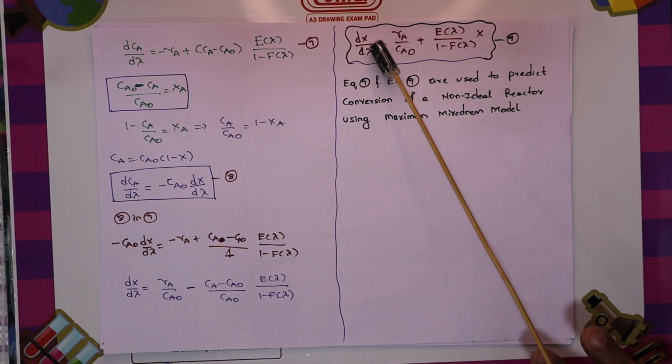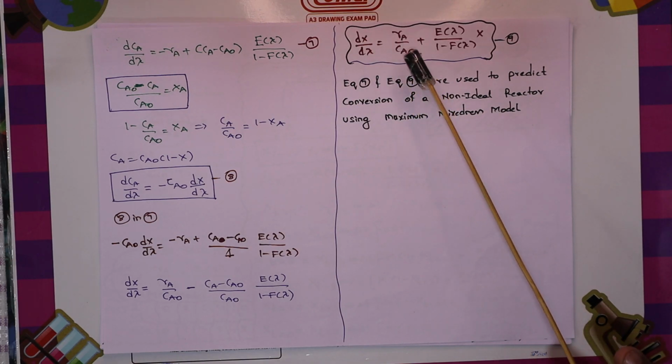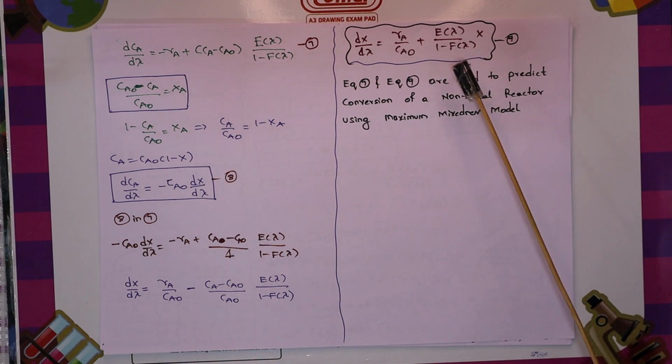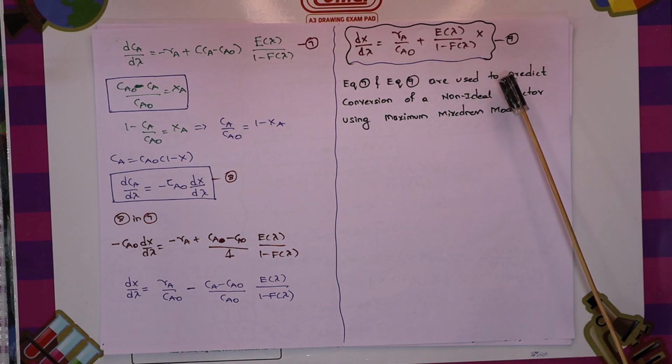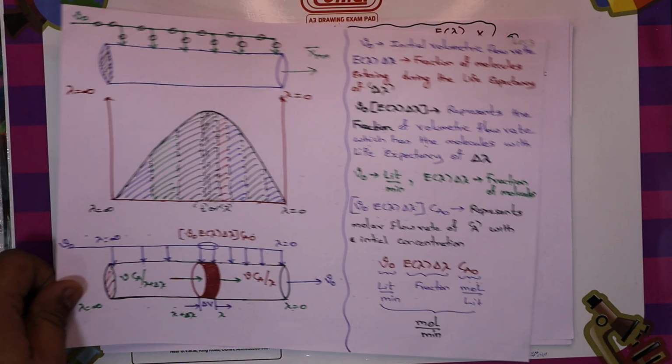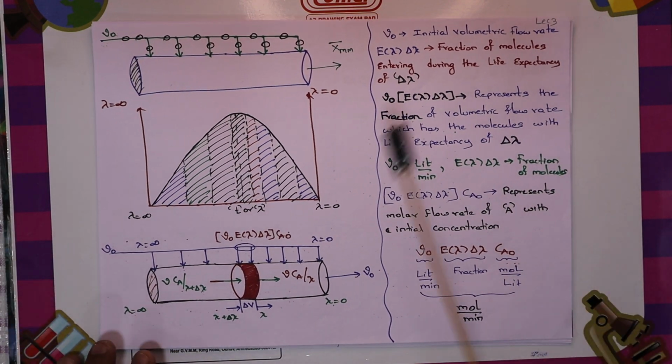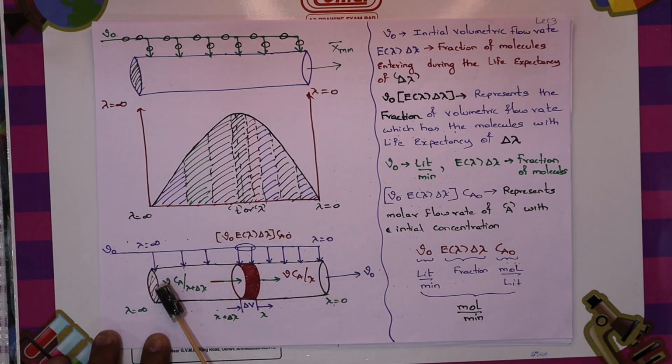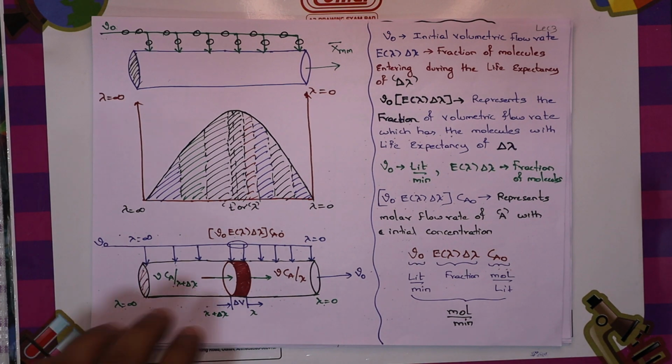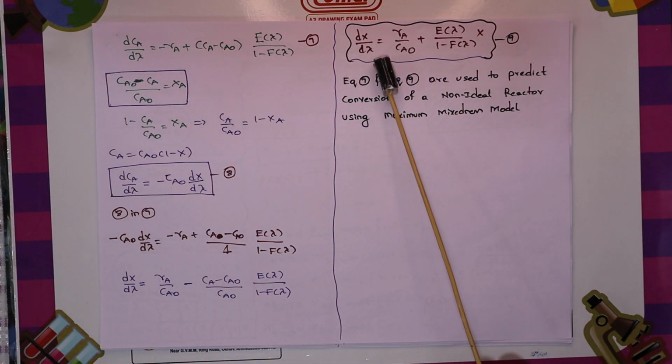So finally dX by d lambda is Ra by Ca0 plus E of lambda divided by 1 minus F of lambda into X. What this means is how my conversion is changing with respect to the length of the reactor. Here the conversion is 0 at one end and maximum at the other, as lambda goes from 0 to infinity. This is what the equation is representing.